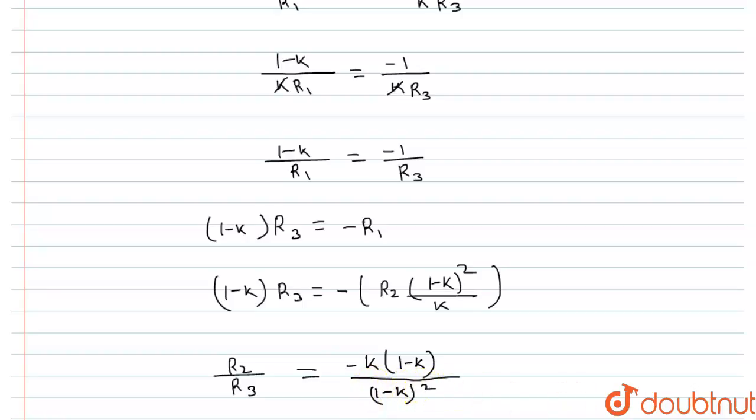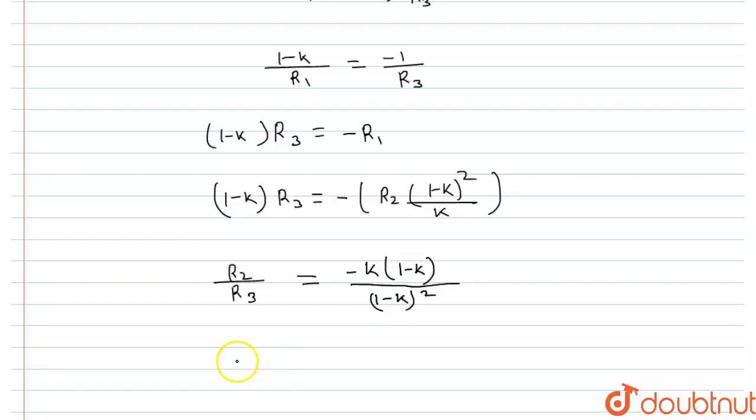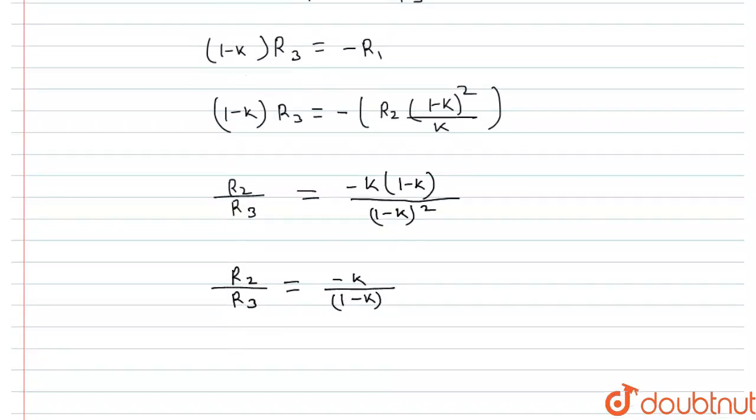Clear? Now from here R2 divided by R3 is equal to minus k divided by 1 minus k. Clear? So this is the R2 by R3 ratio.